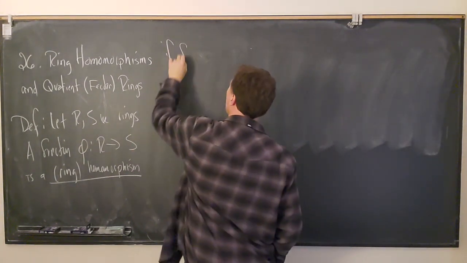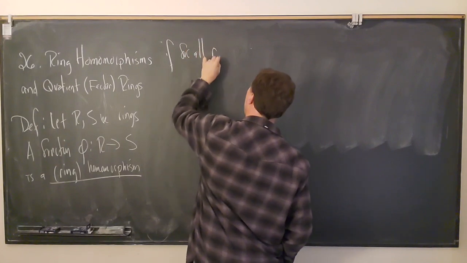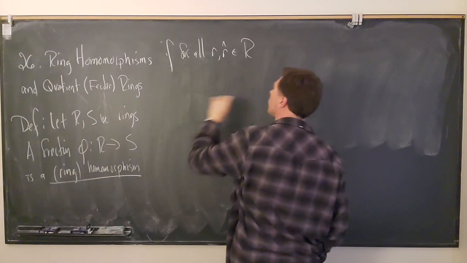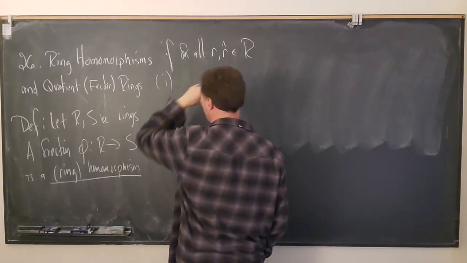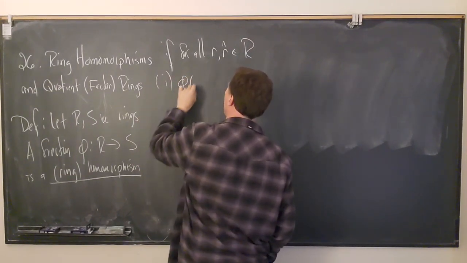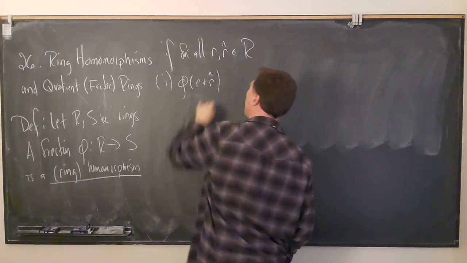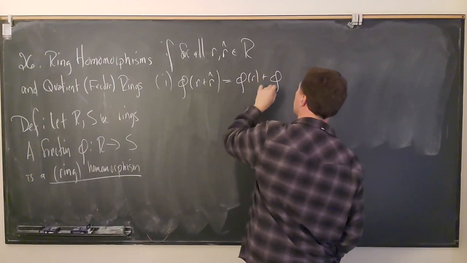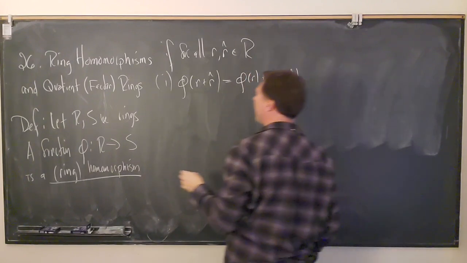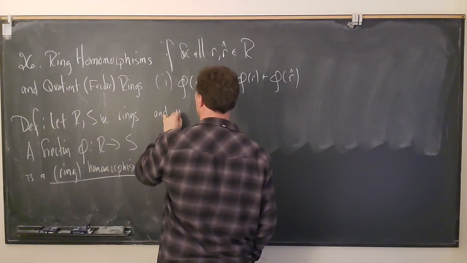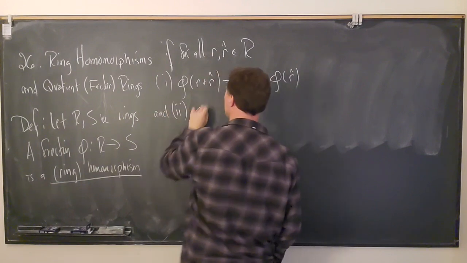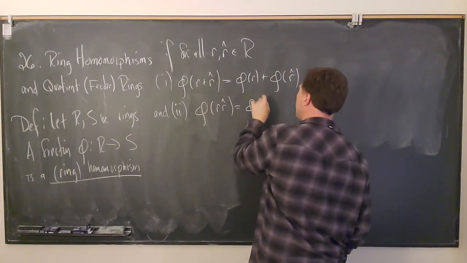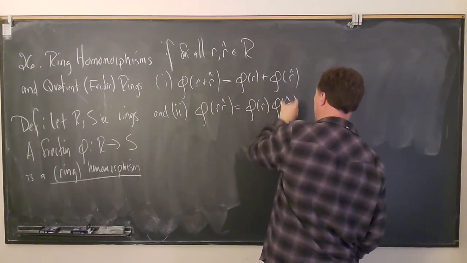So if for all r and r hat in R, two properties hold. The first one, phi of r plus r hat is equal to phi of r plus phi of r hat, and it also needs to respect multiplication, so phi of r r hat equals phi of r times phi of r hat.